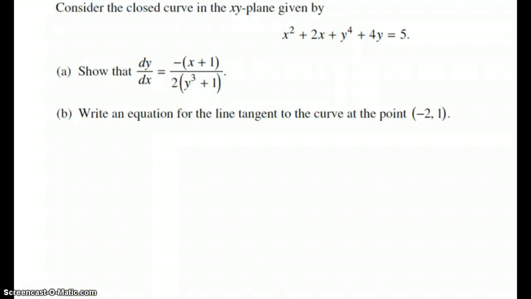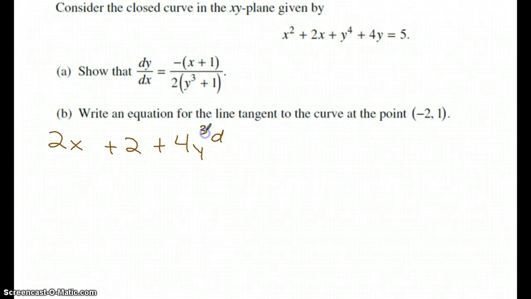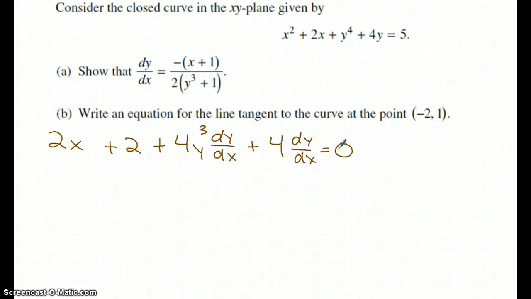So we're going to take the derivative and show that dy/dx is negative the quantity x plus 1 divided by the quantity 2 times y cubed plus 1. So the derivative: 2x plus 2 plus 4y cubed dy/dx plus 4 dy/dx equals 0.